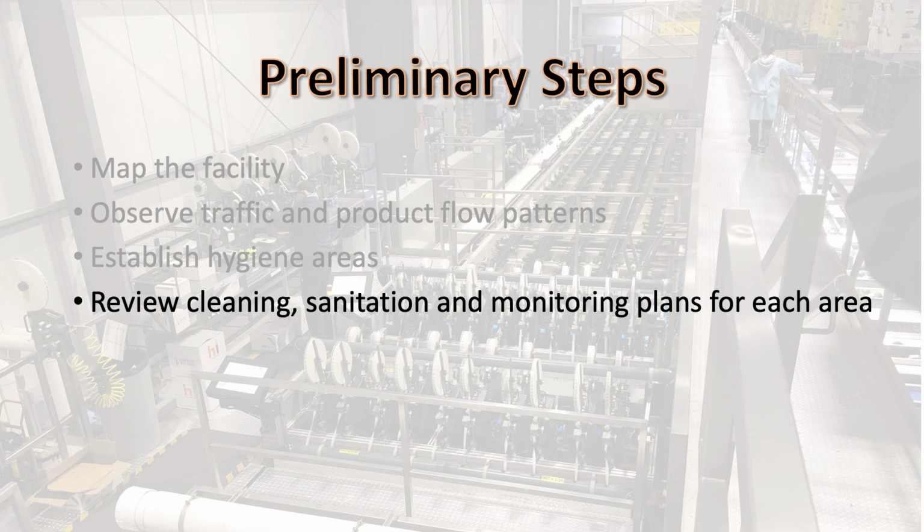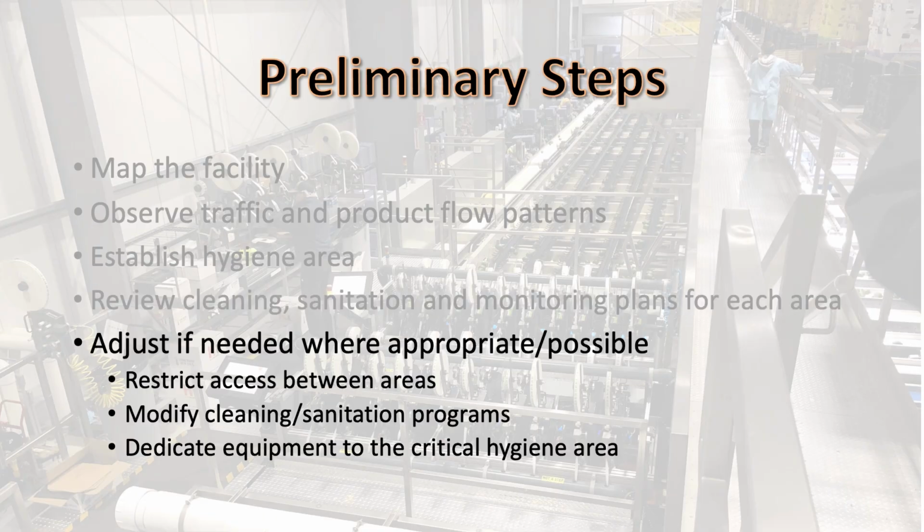The next step is to establish cleaning, sanitation, and sanitation monitoring plans for each area, preferably in writing along with appropriate documented training programs. The type and frequency of cleaning and sanitation will likely differ in each of your areas. After these preliminary steps, the team should review their findings.